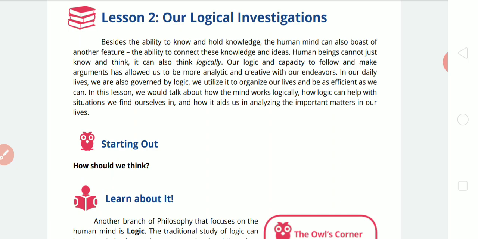That is one of the prominent features of humans among other living things on earth, because humans are capable of thinking and connecting knowledge with ideas and applying its relevance into our real life.